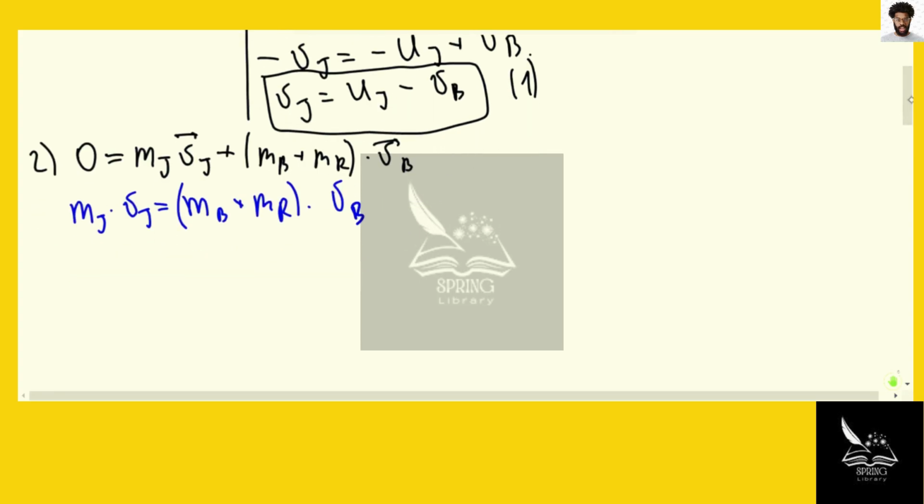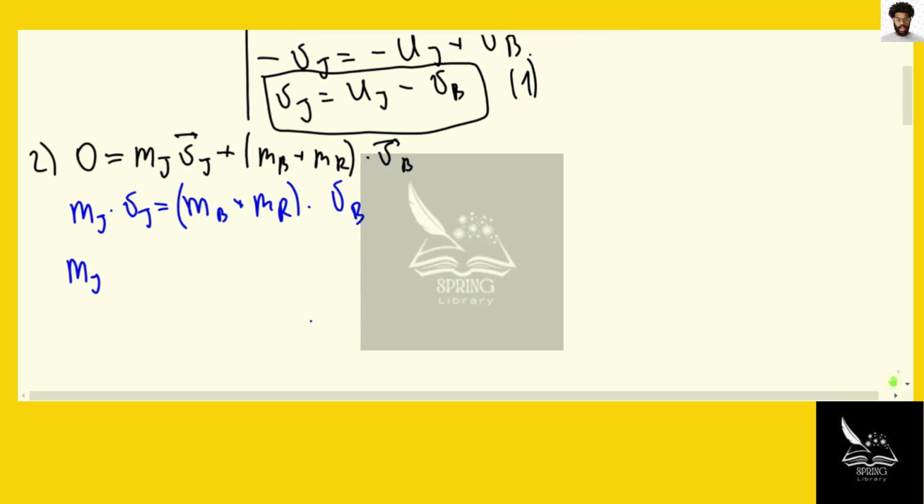If we take into account signs with respect to the x-axis, mass of Juliet multiplied by the speed of Juliet versus water numerically equals the mass of boat plus mass of Romeo multiplied by the speed of the boat versus water. So now let's use equation 1.